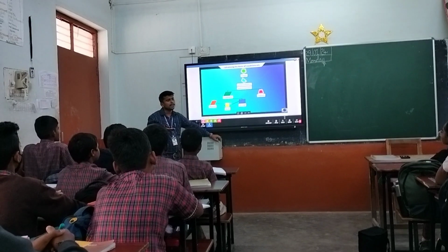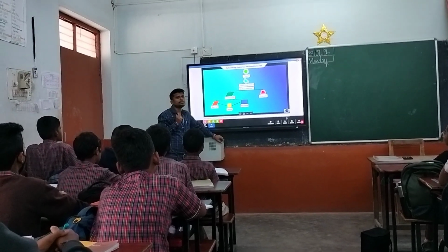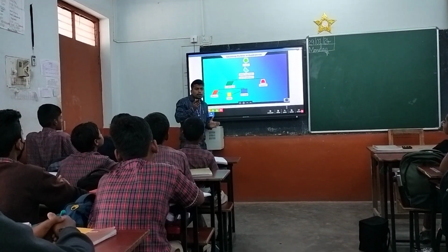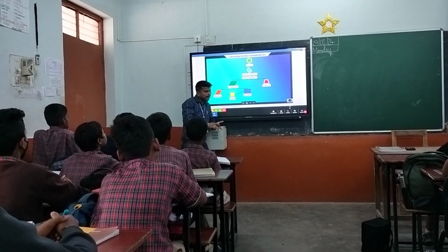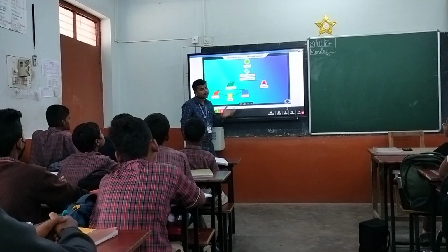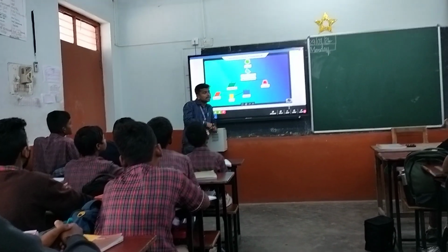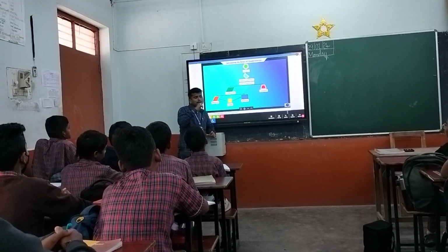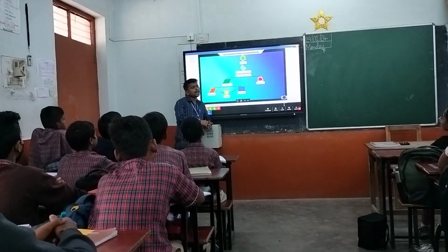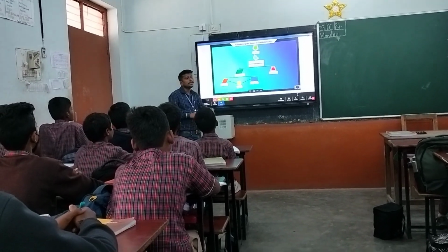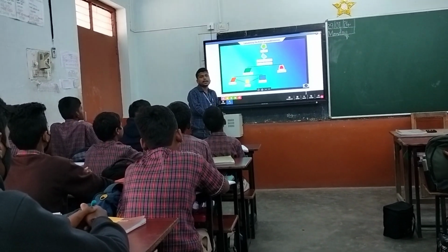Now quadrilateral is divided into 2 types. One parallelogram in which 2 pairs of opposite sides are parallel and equal, and one trapezium in which only 1 pair of opposite sides are parallel and the other opposite sides are non-parallel. Now further parallelogram is divided into 3 categories.